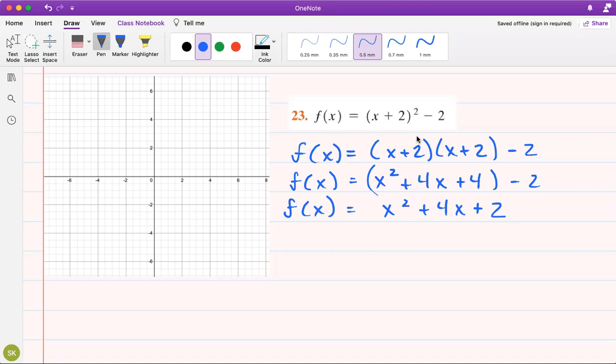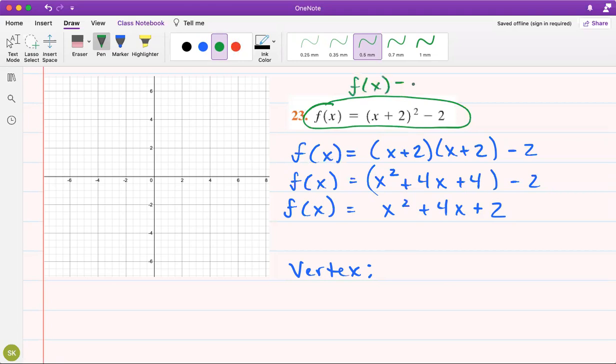Okay, let's figure out a few pieces of information. Let's find the vertex. So the vertex, now this form here, let me circle it in green, is the form f of x is equal to a(x minus h) squared plus k, where the h is the opposite of what you see in here.